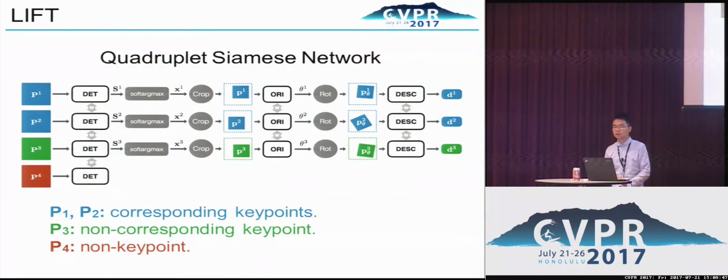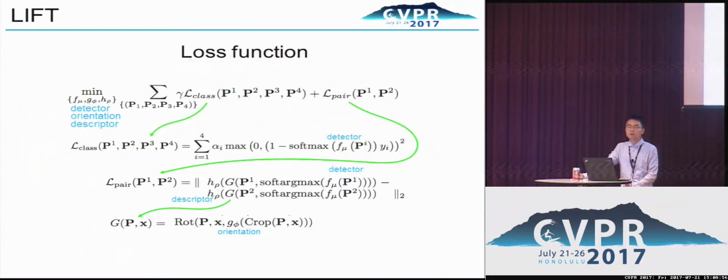By Siamese, it means that the network shares parameters for different patches. The learning objective of LIFT contains 2 parts. One is a classification function, while the other is a pairwise one. The classification function considers the ability of the detector, while the pairwise one considers the descriptor distance, where the detector and the orientation estimator are implicitly considered.